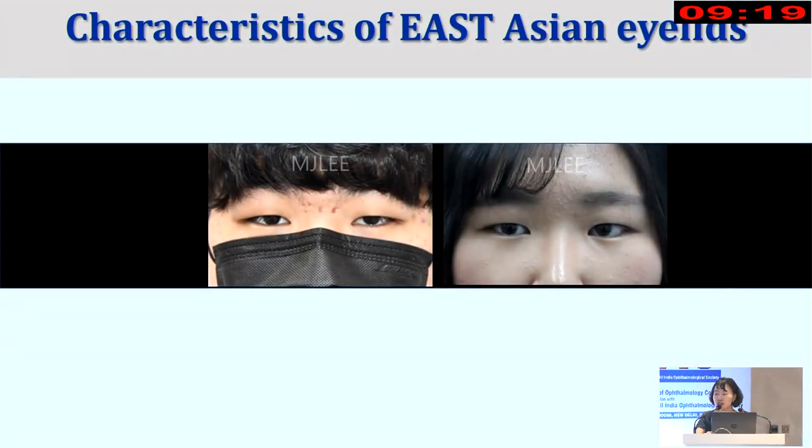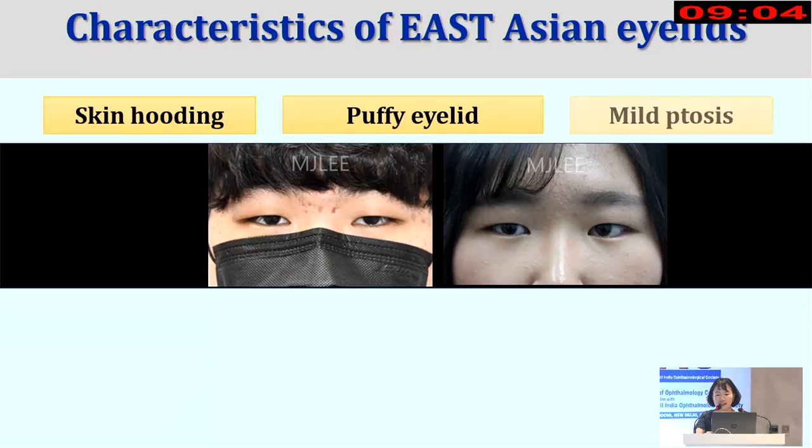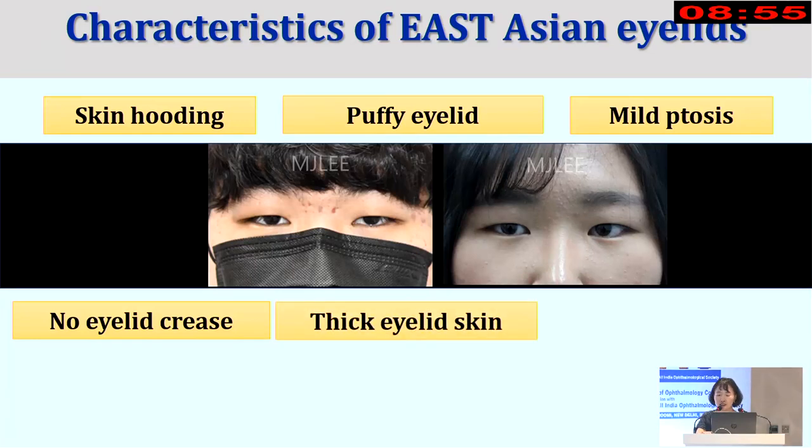To achieve these goals, we should know well about the characteristics of Asian eyelids. Here are typical cases from my clinic. Skin hooding, puffy eyelid, and mild ptosis are very common, and many patients have no eyelid crease but have thick eyelid skin and hypertrophic orbicularis muscle.